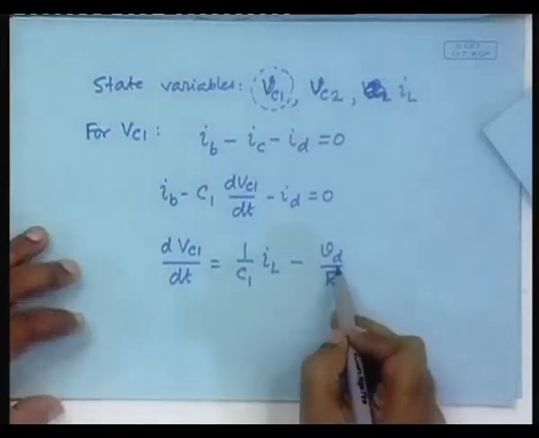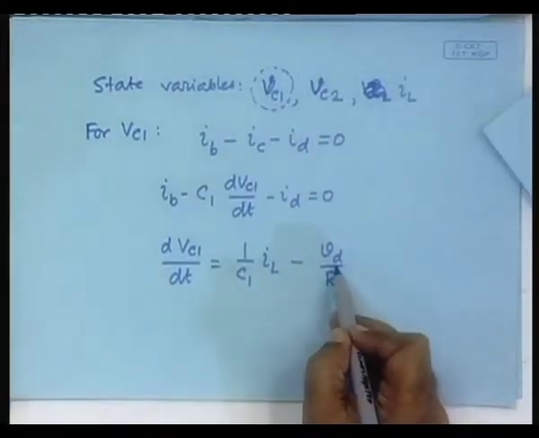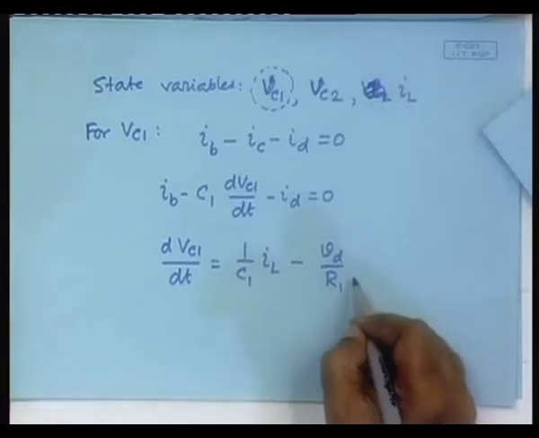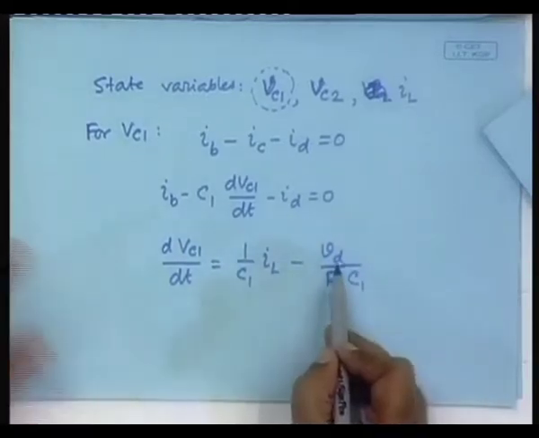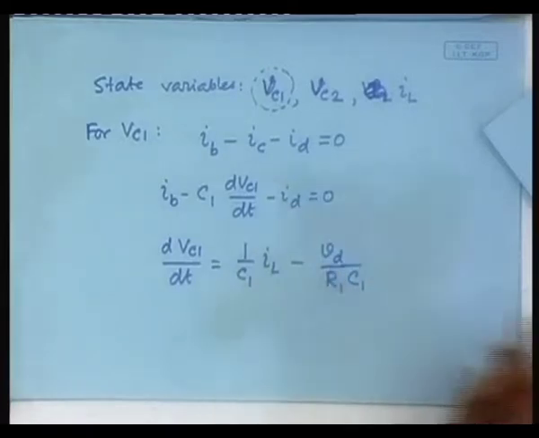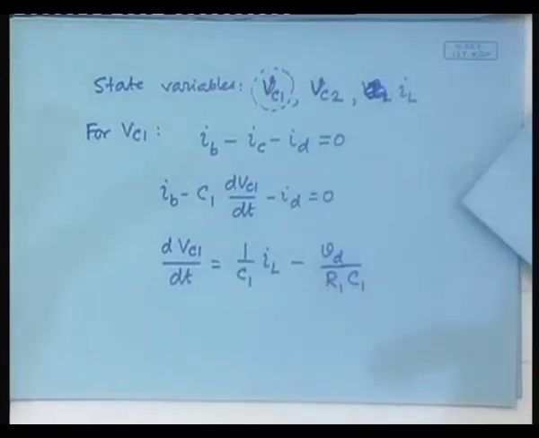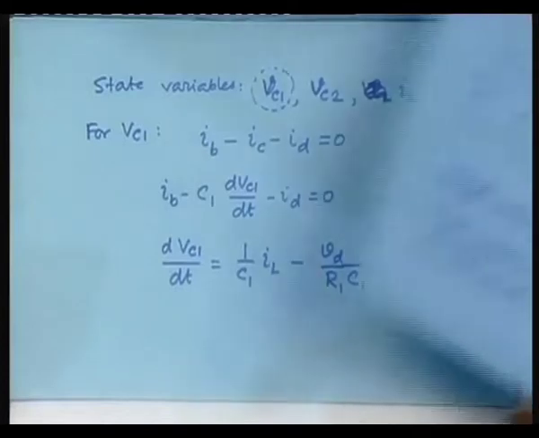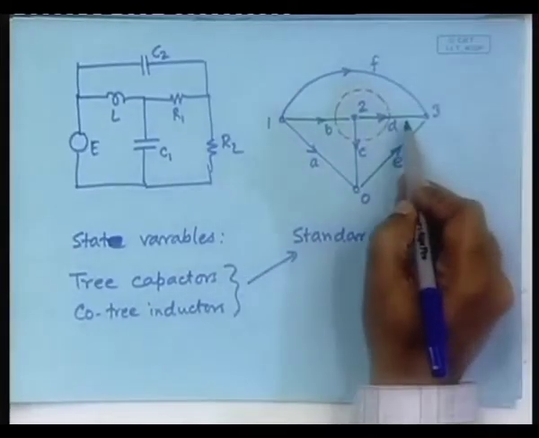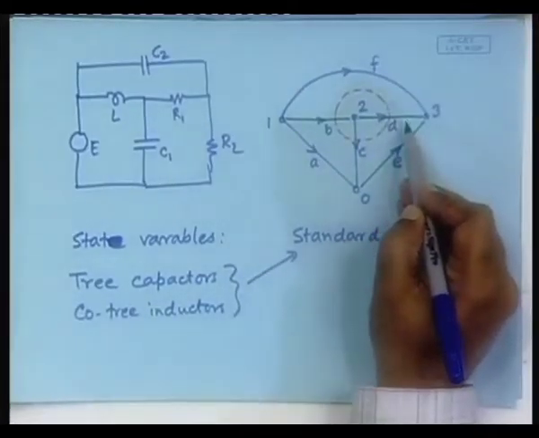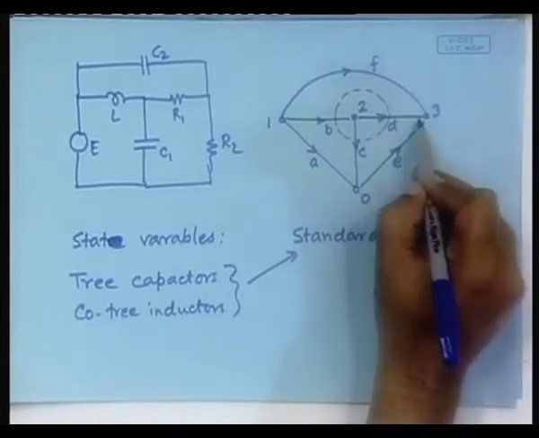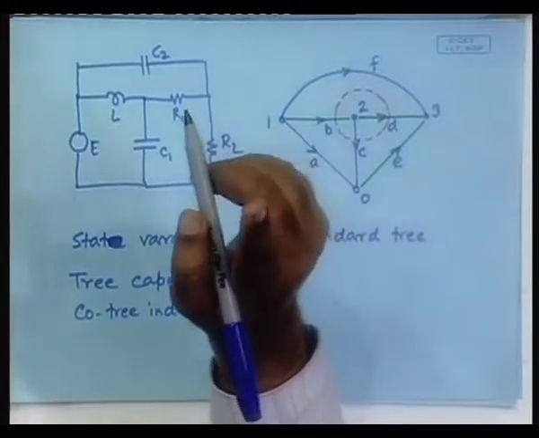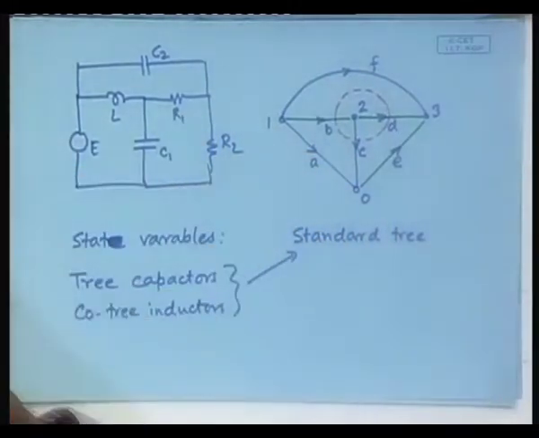Now, we do not yet know VD. So, VD is not a state variable. So, we need to do something about it. VD, where do we get it from? That should be obtained from a loop.